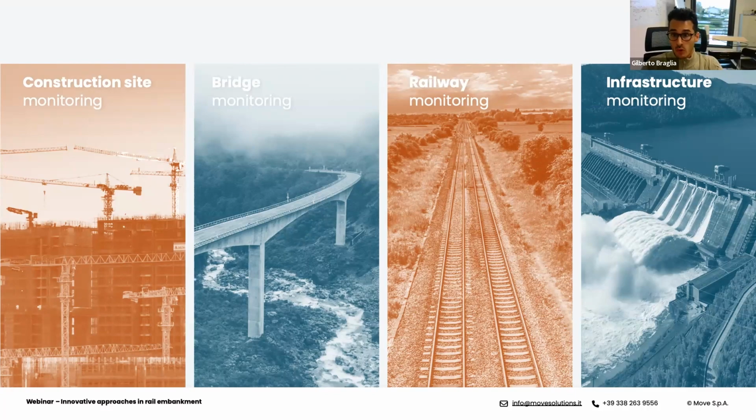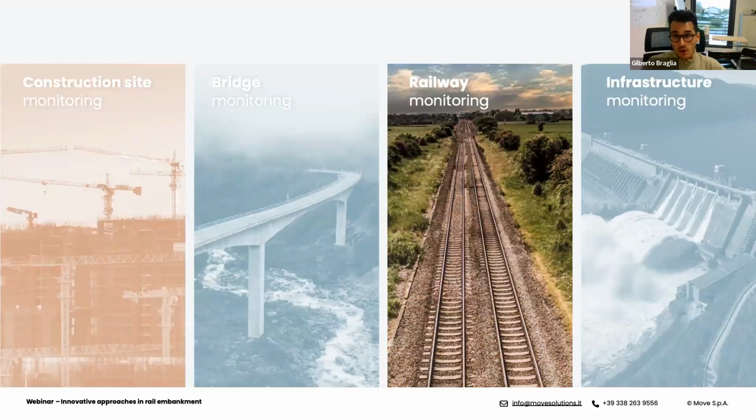And we work on infrastructure like dams, tunnels, roads, and whatever. Today we're going to focus on the railway monitoring applications, not especially the railway track monitoring, but the embankments. I mean, the environment which holds the railway itself.